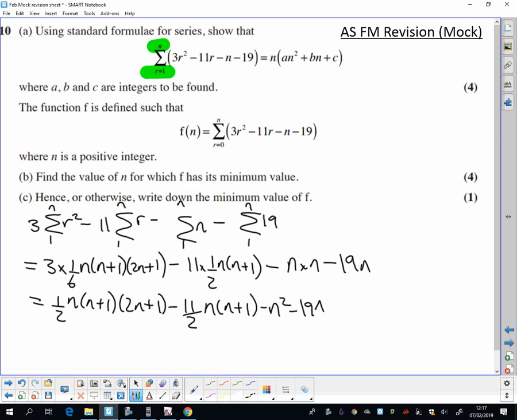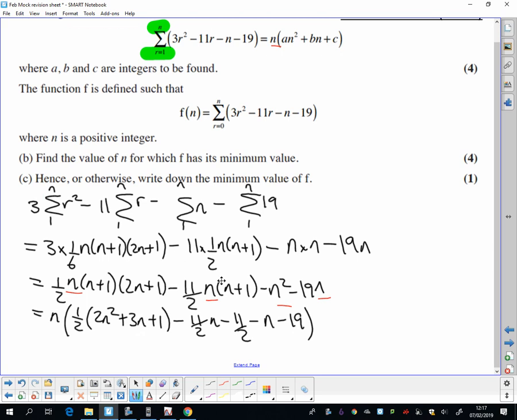Okay, can I do any factorising? Well, yes, there's an n in every term, which is good because there's an n in our answer. Might as well multiply out some brackets while I'm here, remembering you've taken n out as a factor.